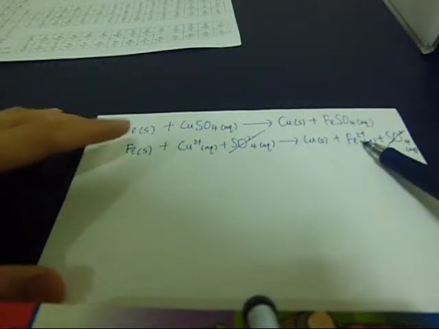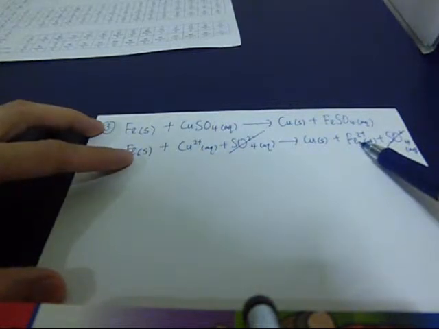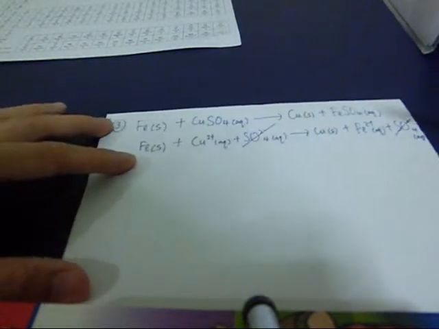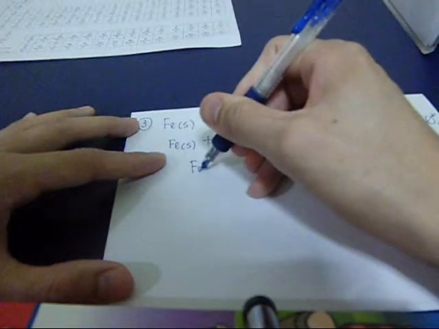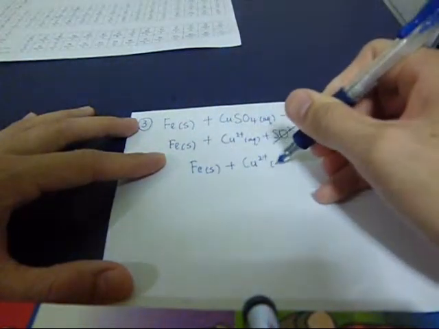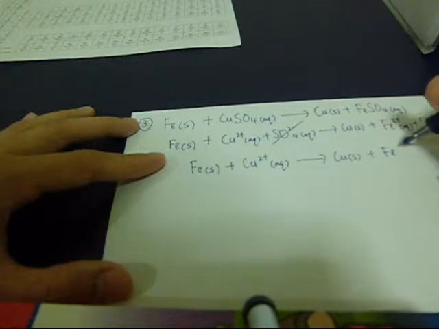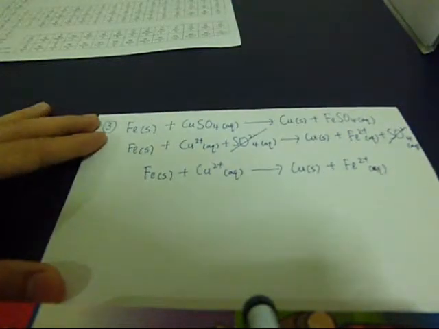This one is an ion. This is not an ion. So they are different, meaning that you cannot cancel them off. So rewrite the equation and this will be your ionic equation.